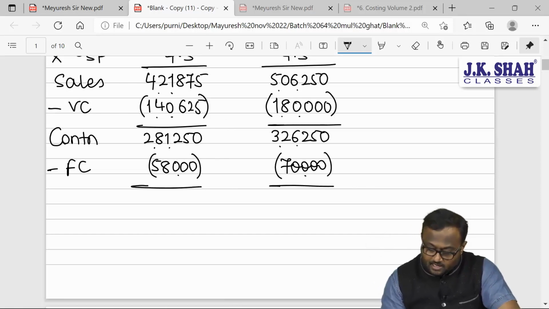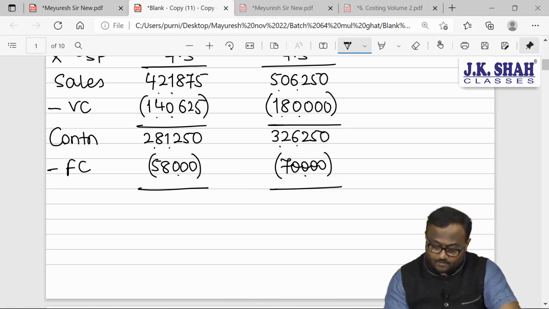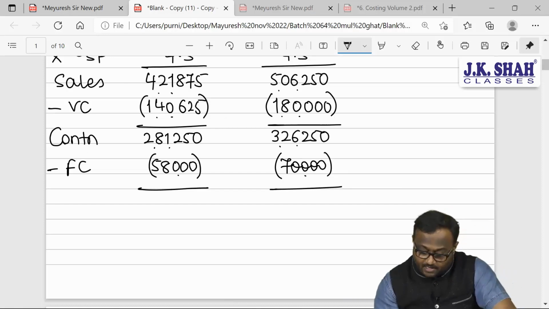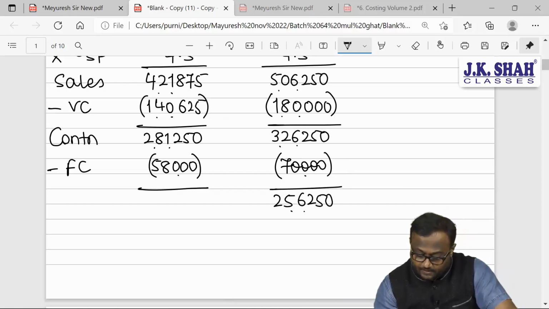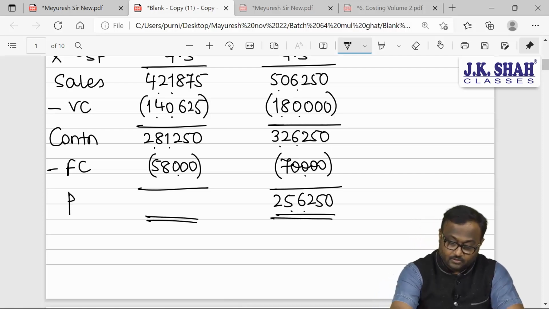Since they are clearly relying on this, my actual profit is 256,250, whereas my budgeted profit is 281,250.